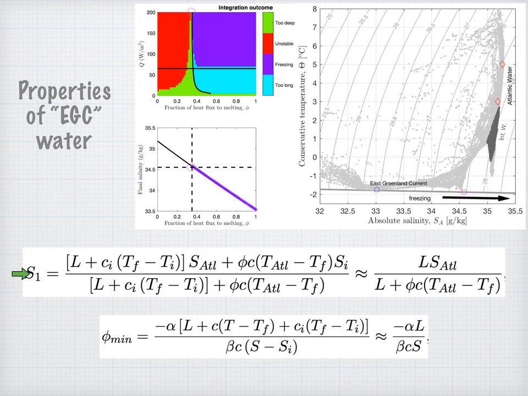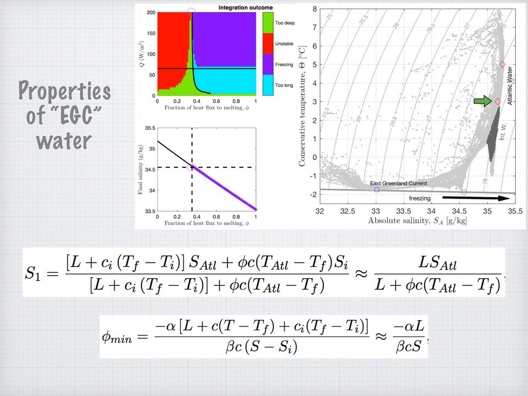So S1 is the final salinity, regardless of your value of phi, as long as you're in the purple region. Then this vertical dashed line here is phi min. When you stick phi min into this formula up here, you get the salinity of this purple circle. That purple circle is a little more than 34.5. It's this purple circle here on the TS diagram.